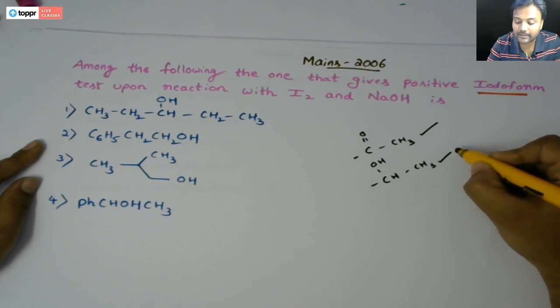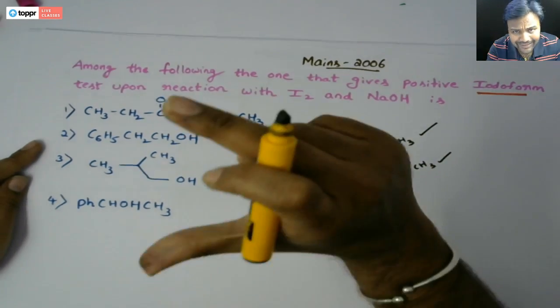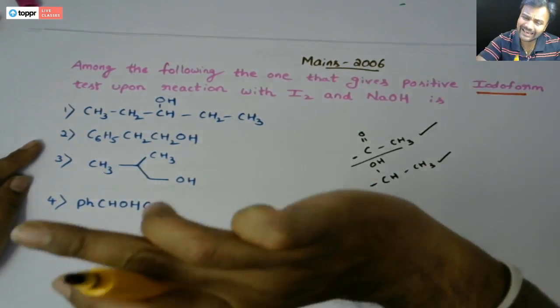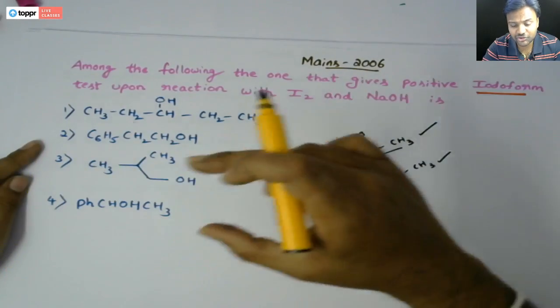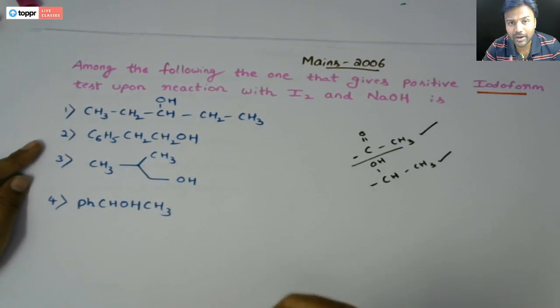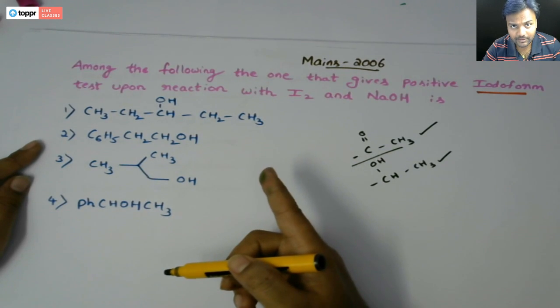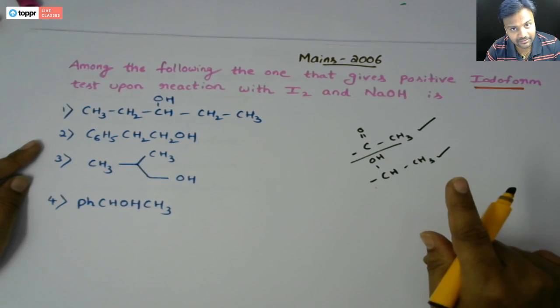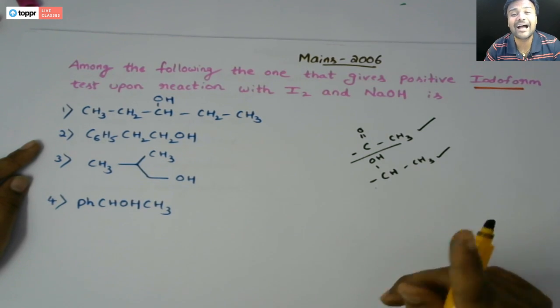If you have any compound which has COCH3 in any given chain, then this compound can give a positive iodoform test. Or if a compound has CH(OH)CH3, then again it gives a positive iodoform test.